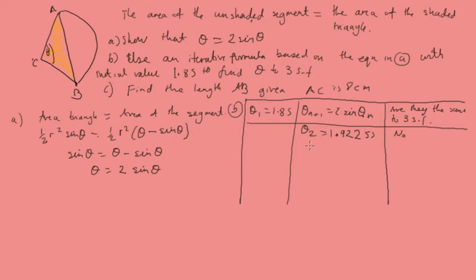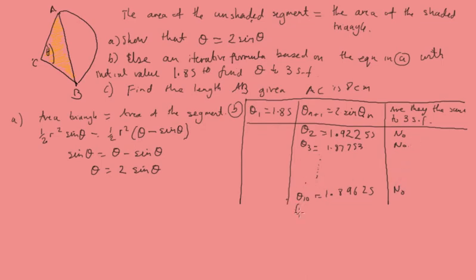So no. Theta 3 would be 1.87753, and that's no. So you keep doing all that until you get to theta 10, which is 1.89625, which was not the same to 3 significant figures as theta 9.